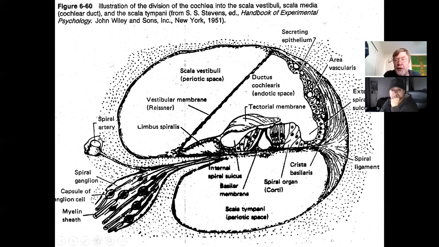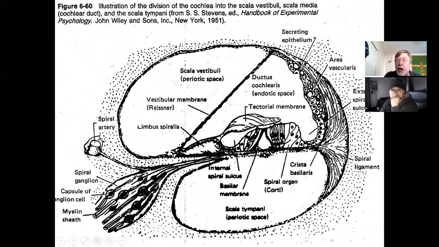Okay, so here's inner hair cells, 3 rows of outer hair cells. These are supporting cells. And these are supporting cells. And this is the tectorial membrane. It's a gelatinous mass that sits right on top of the hairs of the hair cells.